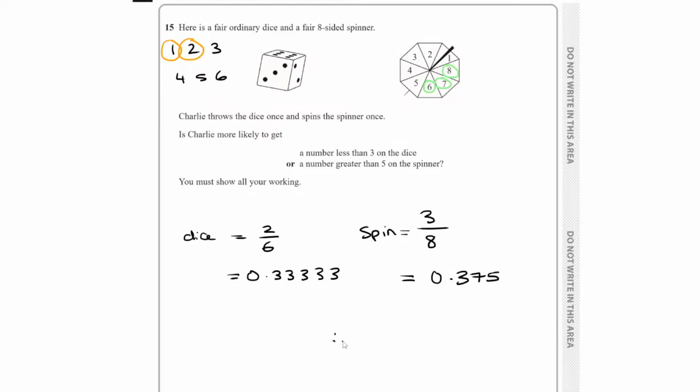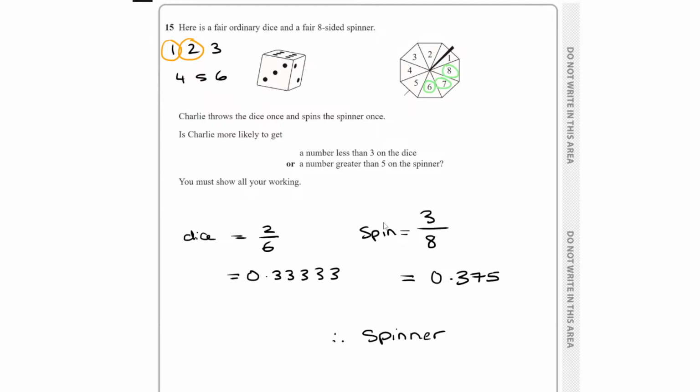So I'd say, therefore, Charlie is more likely, just make your answer obvious, to get a number greater than 5 on the spinner. You could copy this down, or just write spinner, as long as you make it clear. You do have to write that as your final answer. But you can compare them however you like. I compared them with decimals. You could make both of the fractions the same and then look at the numerators.